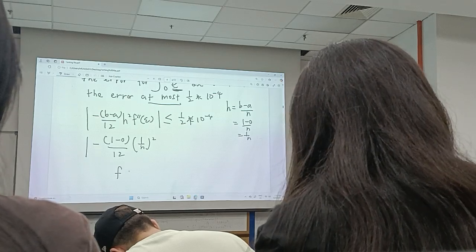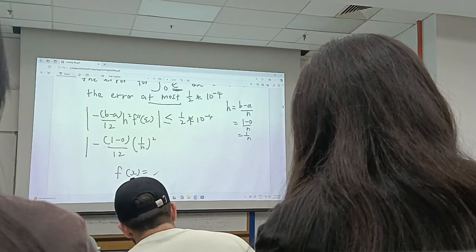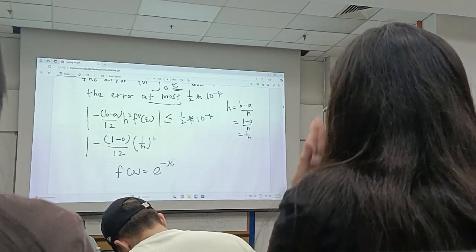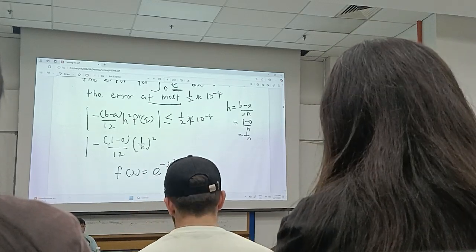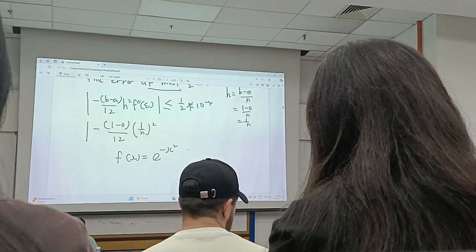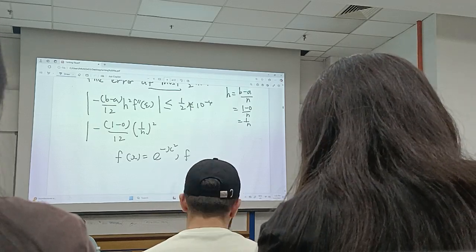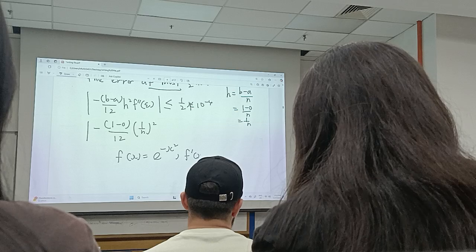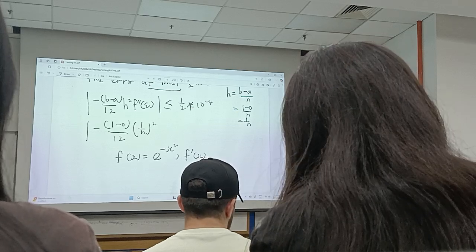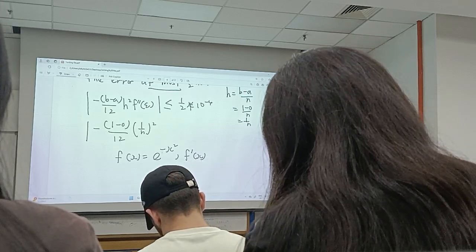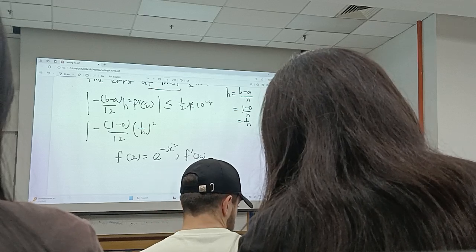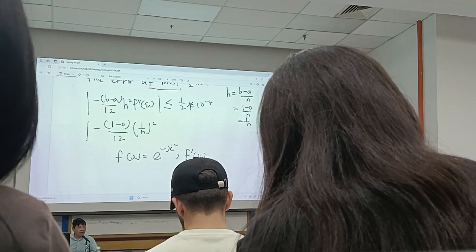Okay, let's continue here. Function equal to e power of negative x squared. So in order to get the second derivative, we need to differentiate it. Okay, so still remember how to differentiate e negative x squared? Anyone?